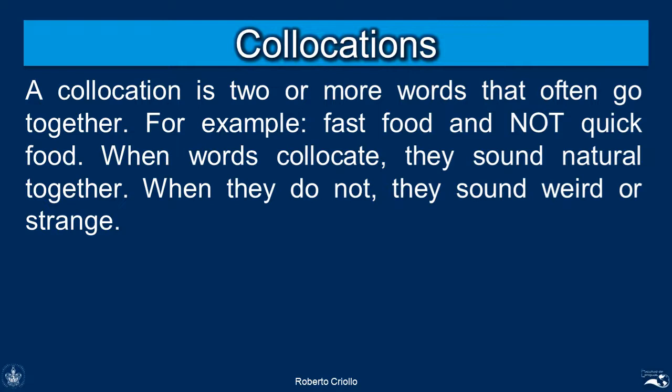If we say quick food, that can be understood by people, but it sounds weird. So when words collocate, they sound natural together, and when they do not, they sound strange, weird, and therefore in this kind of exercises we need to find the words that collocate better together. So it's a matter of lexical choice.